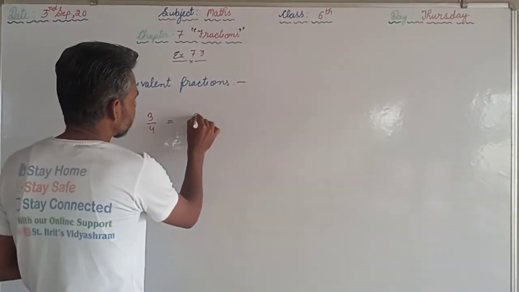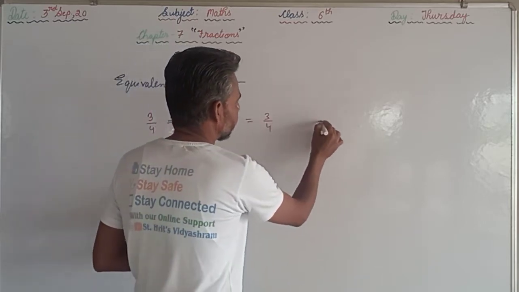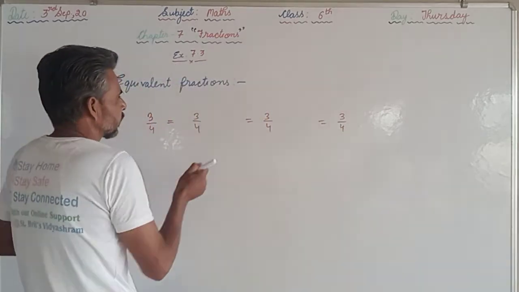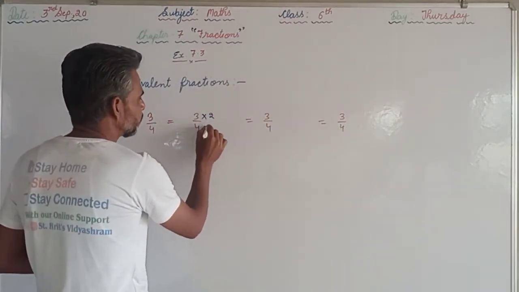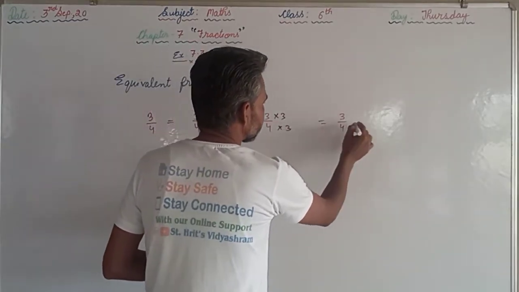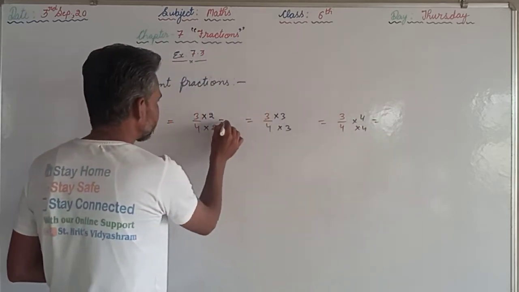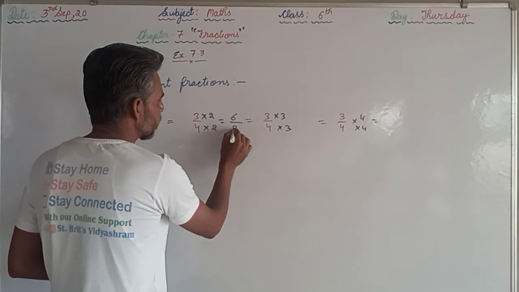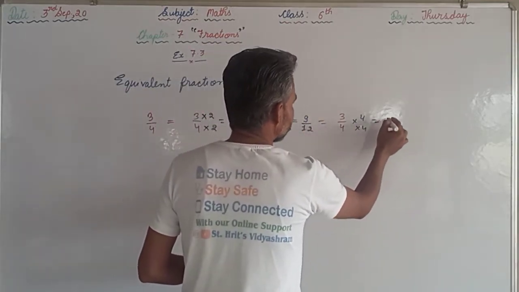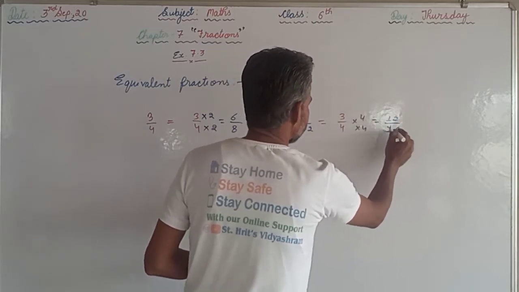So that can be found out by writing 3/4, then we will multiply by 2, both numerator and denominator, then by 3, then by 4. So we will get 3 twos are 6, 4 twos are 8. Here we will get 9/12. Here we will get 4 fours are 16, 3 fours are 12.